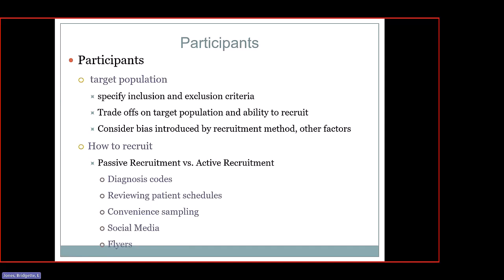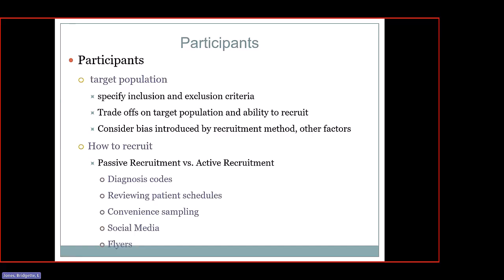But consider, let's say you're doing a study in adults and you want to study patients with asthma, but you want to exclude those that smoked within the past 20 years. You might find that that's too strict an exclusion criterion, and you're not going to be able to recruit enough participants in your study.